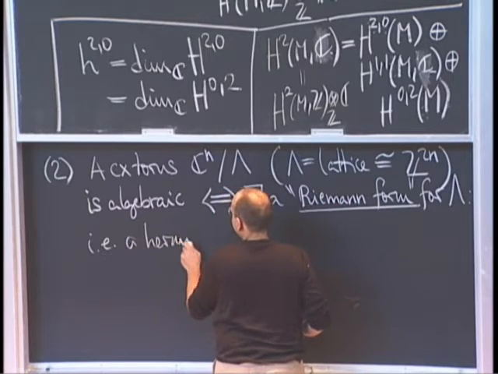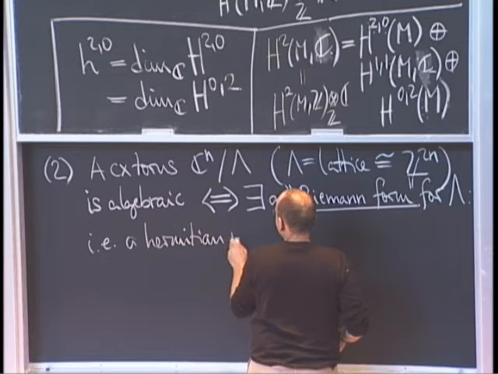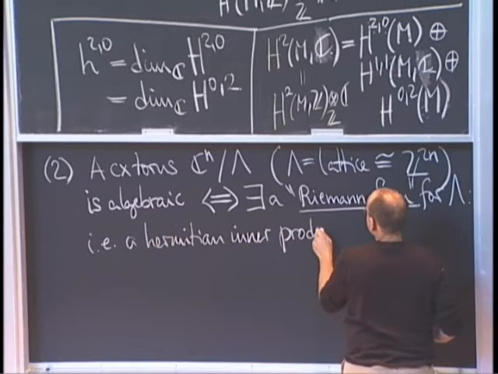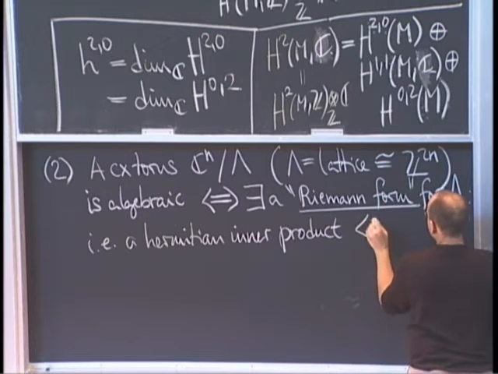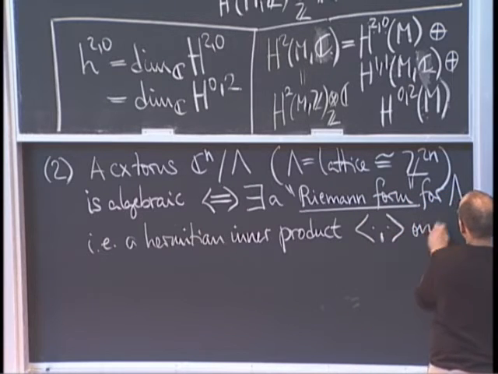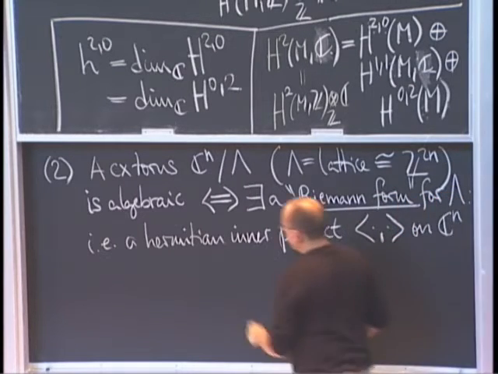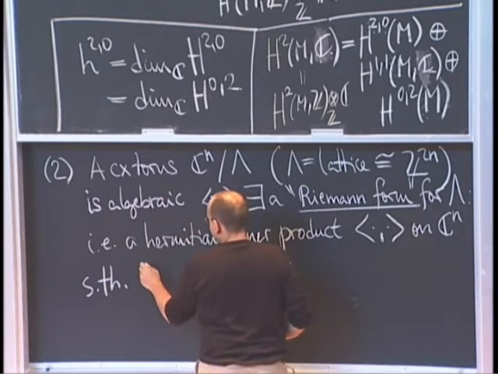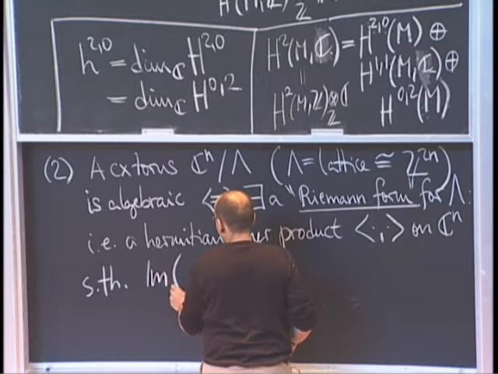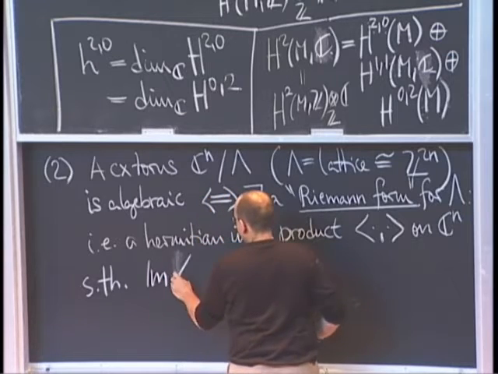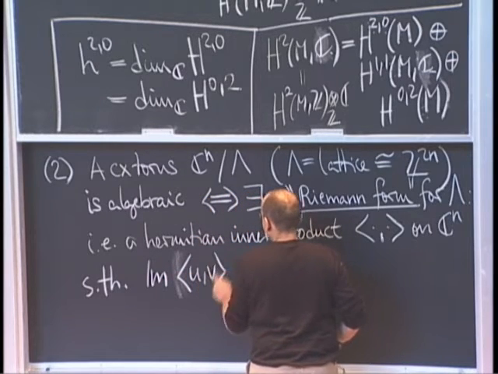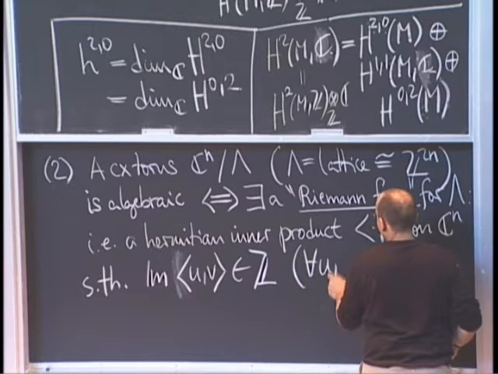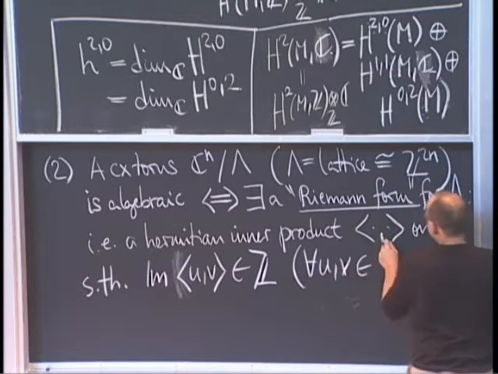So it's a Hermitian inner product on C^n such that the imaginary part of u v is an integer for all vectors u and v in the lattice.